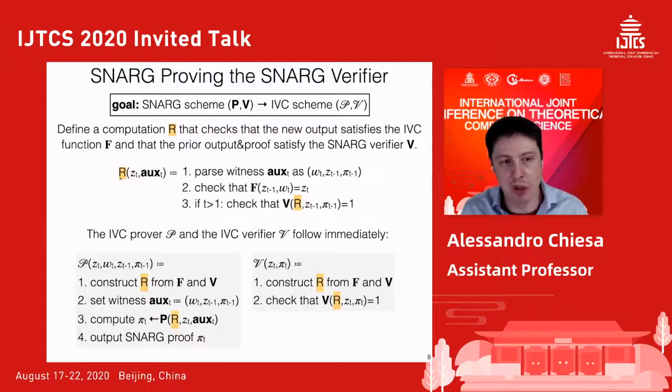And then in action, you would use R and you would give as input to it a commitment to itself so that that commitment would find its way here. And that's one way. There are other ways to break the circularity. The rest, you just assemble it. You have a circuit for F, you have a circuit for V. Together, they make a circuit for R. And I hope that answers the question.